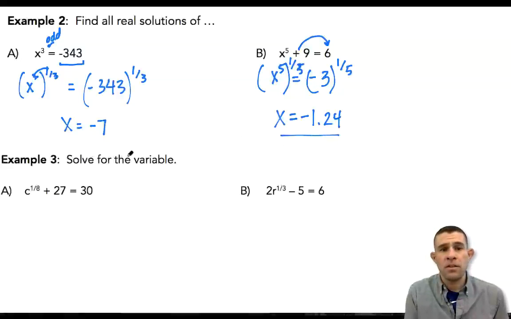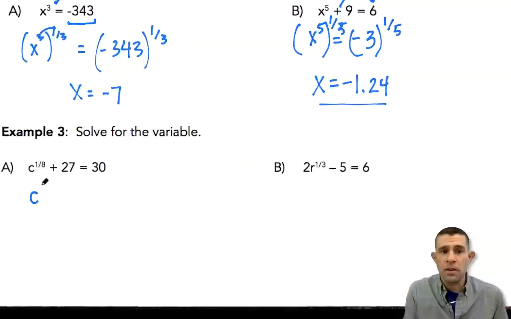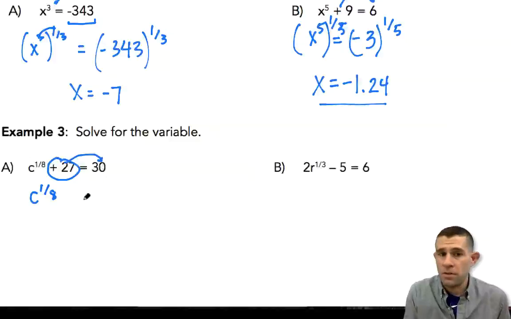All right, let's try solving for variables here in example 3. Again, I'm going to isolate my variable, so I have c to the 1/8 plus 27. I am going to take this positive 27 and move it over to the other side by subtraction, so I have 3 now on the right-hand side. And I want to get c by itself. So this is the 8th root of c.